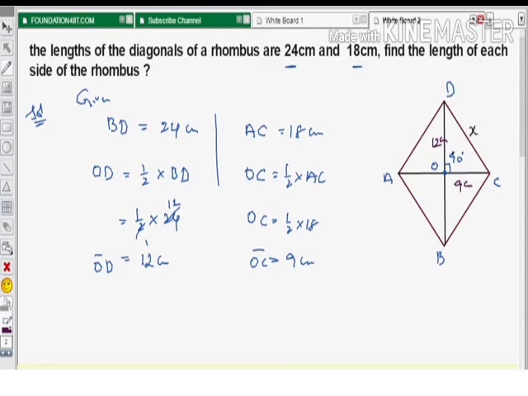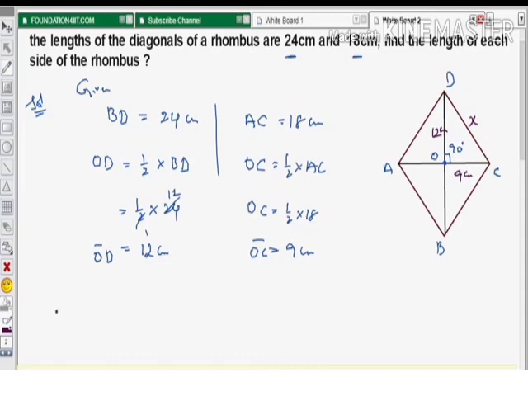Now this is a right angle triangle. Applying the Pythagoras theorem in triangle OCD, hypotenuse squared, x squared, is equal to the sum of the squares of the other two sides, that is 12 squared plus 9 squared.